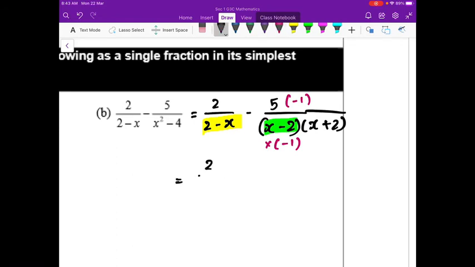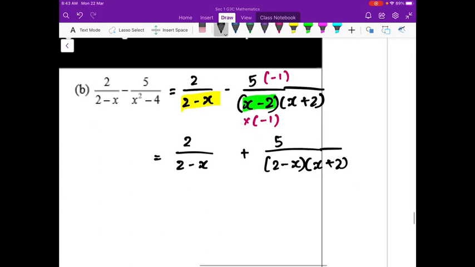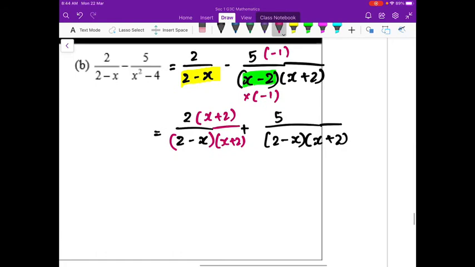Then 2 over 2 minus x, this becomes a plus already, 5 over 2 minus x and x plus 2. Now, our first fraction has to have another factor of x plus 2. So x plus 2. Denominator becomes x plus 2, 2 minus x.